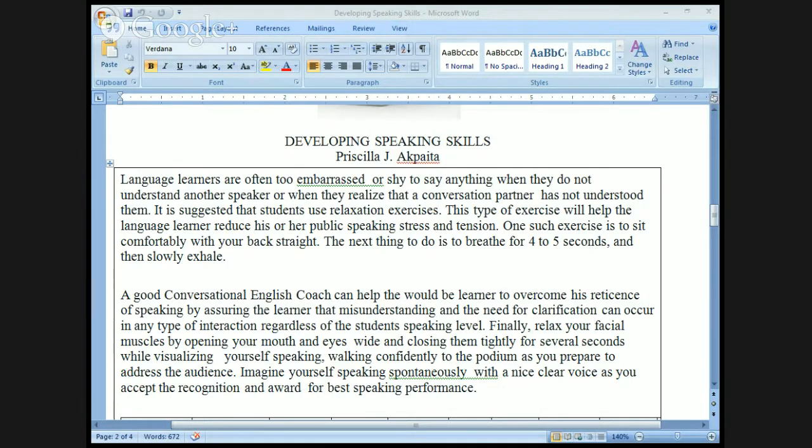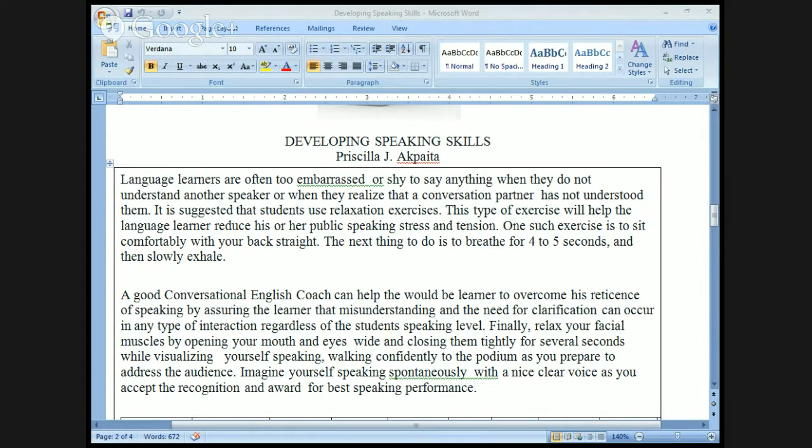Finally, relax your facial muscles by opening your mouth and eyes wide and closing them tightly for several seconds while visualizing yourself speaking, walking confidently to the podium as you prepare to address the audience.